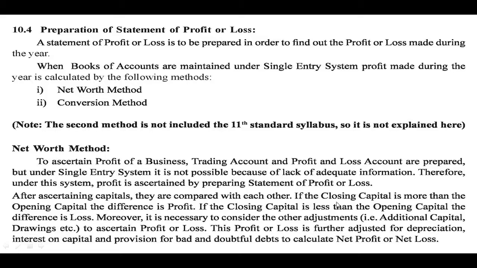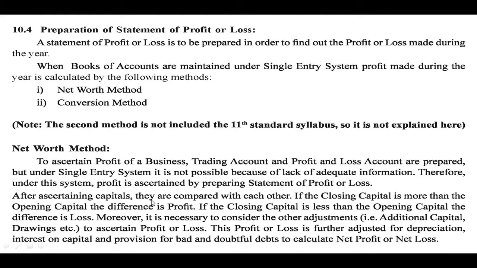So on that particular day, we have to calculate the total amount of assets, and at the same time we also have to calculate the total amount of the liabilities. So closing capital is equal to total amount of the closing assets minus total amount of the closing liabilities. We will get the closing capital.